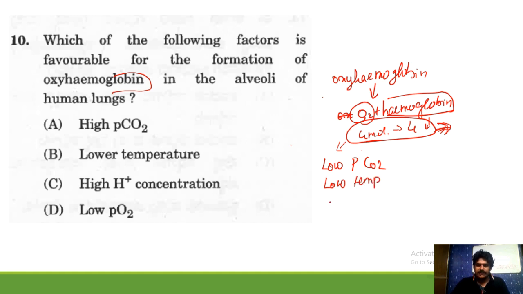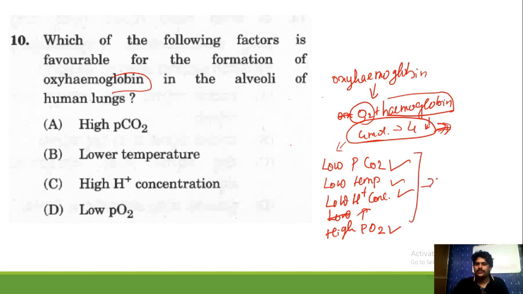Then there should be low H plus ion concentration, and high pressure of oxygen. If these conditions are fulfilled, then there will be a healthy formation of oxyhemoglobin in our body, right?